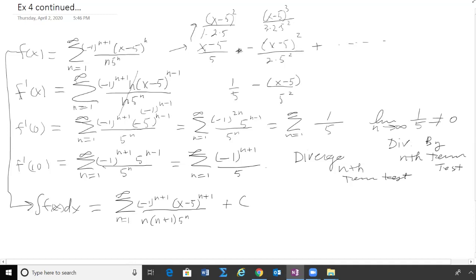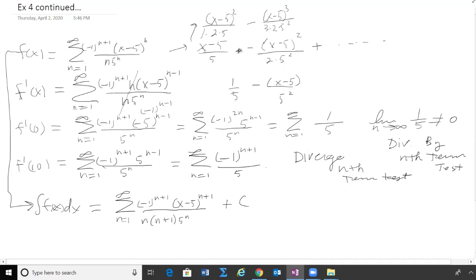Okay, that's a minus. So down here, if n equals 2, we will have a negative, and we will have an x minus 5 to the third power. And down here, we'll have a 2 times a 3 times a 5 to the second power. And that's what we have up here.